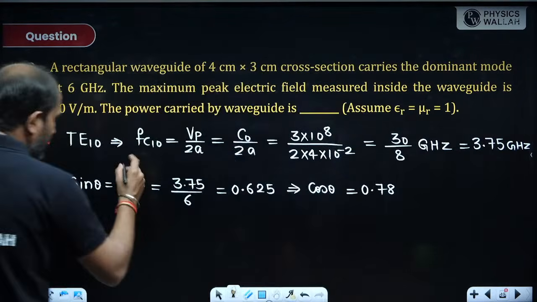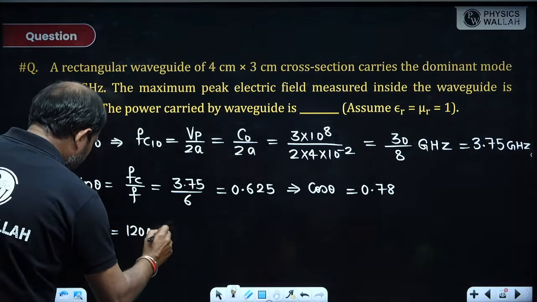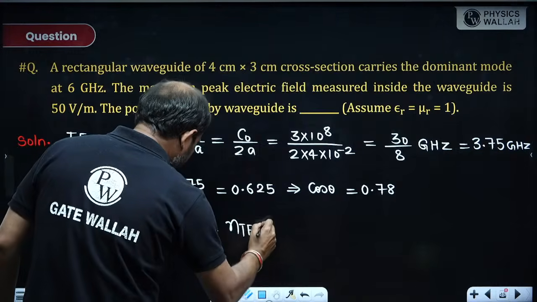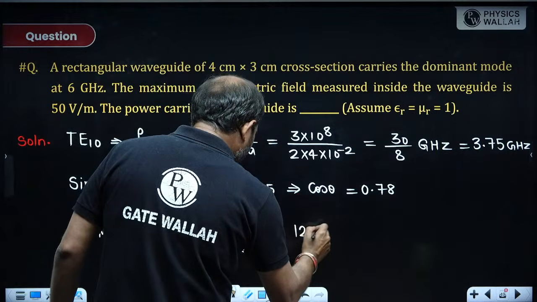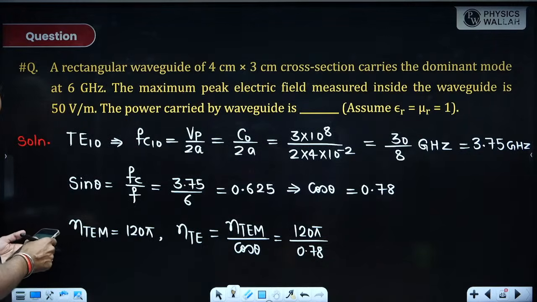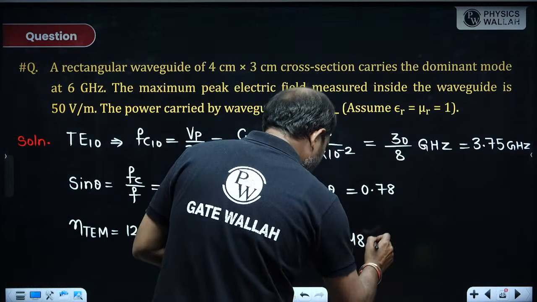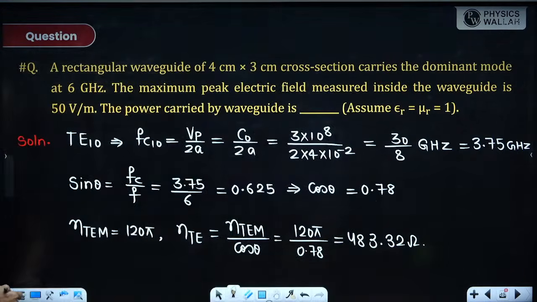So cos theta you have calculated. Eta TE is 120 pi upon cos theta. Eta TE is how much? 120 pi divided by 0.78, which is 483.32. So we have calculated eta TE.